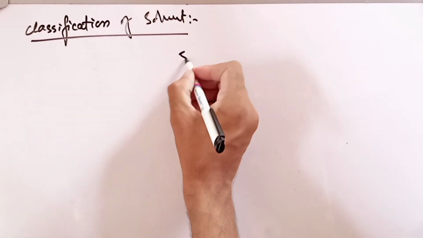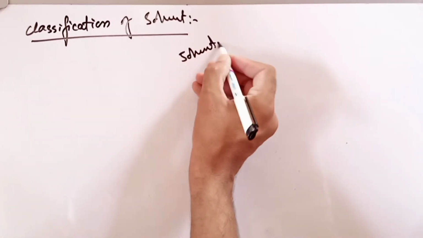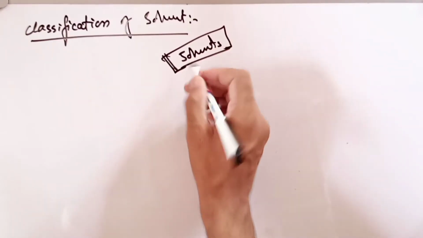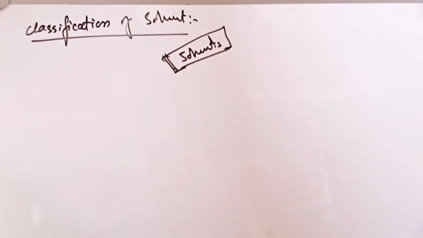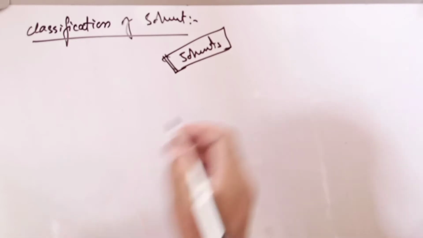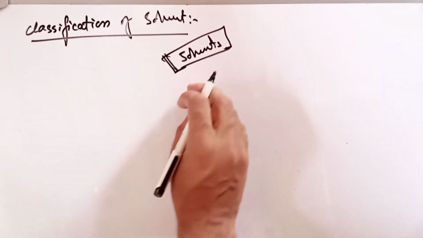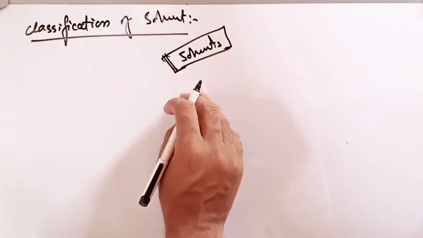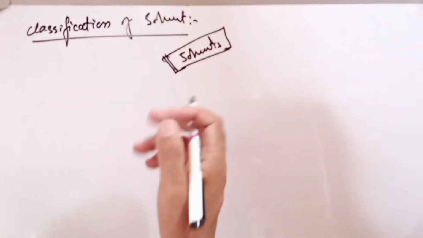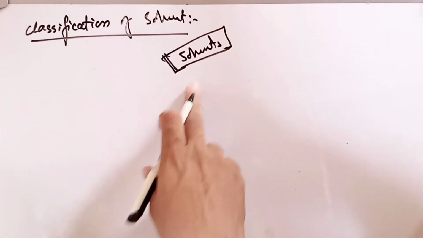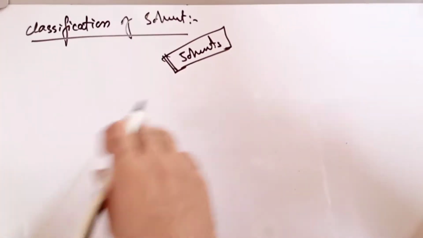First of all, solvents. Solvents are that part of the solution which is present in a larger amount, larger in concentration. You can also say that solvents are that part of the solution which can dissolve and dissociate the solute particles into ions.